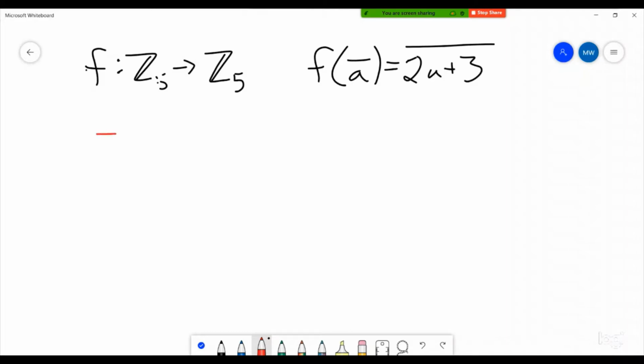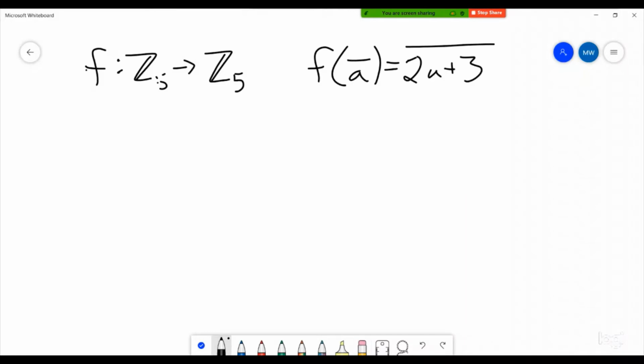So, for example, the class of 1 is equal to the class of 6 is equal to the class of 121, and so on. To show it's well-defined, we have to show that it doesn't matter which one of these we put in, it's always going to give the same output. So that's what it's going to be trying to get us to show for the well-definedness.